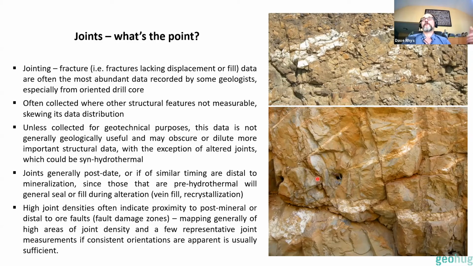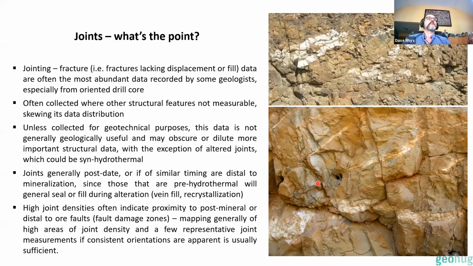And so generally when you're seeing joints, what you're seeing is late features that are superimposed on the areas of hydrothermal alteration. These are late fractures that are coming in. So don't get hung up on measuring lots and lots of joints if you're not doing geotechnical work. Obviously, if you're doing geotechnical work, it's important, but it's not necessarily going to tell you anything about what your actual hydrothermal system is doing.